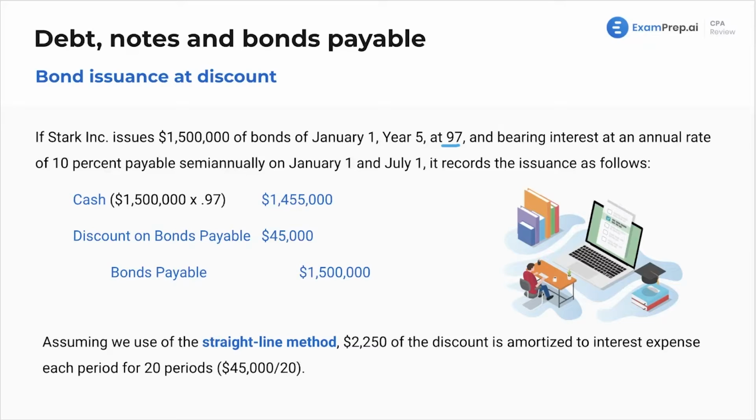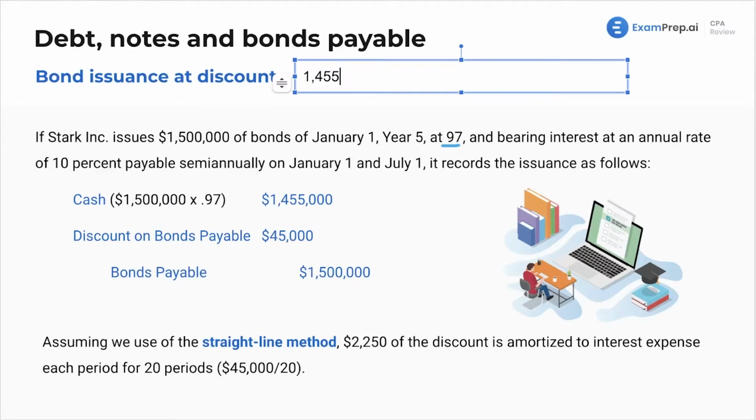So what we do here essentially is because it's at a discount, it's a lower value than the face. We're constantly bringing it back up to the original value. So the original value is 1.5 million. Here's our discounted amount, and each period here, we're going to keep adding back 2,250, and then basically we're amortizing, we're bringing it back up to 1.5 million.